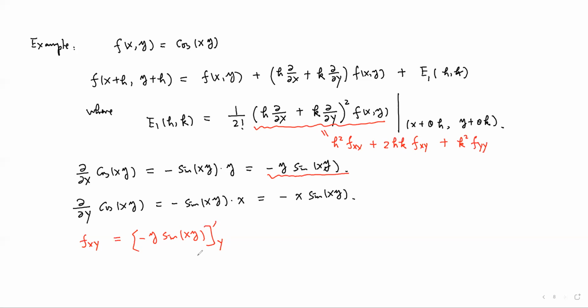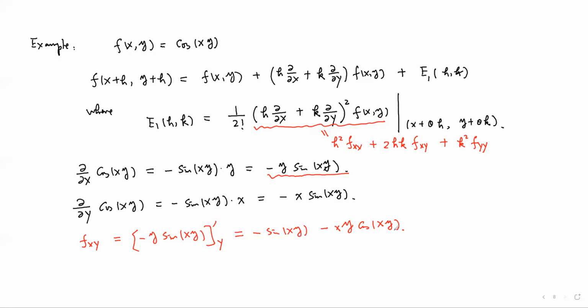To compute this derivative, take the derivative on y by the chain rule. Then we get negative sine xy minus xy cosine xy.